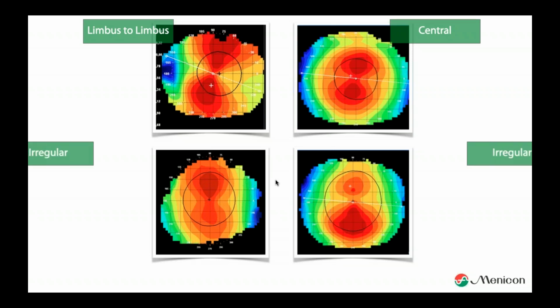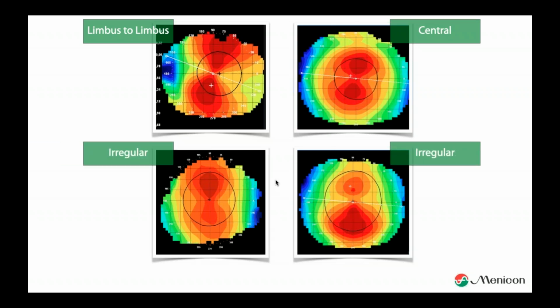Another thing is that we have to deal with irregular corneas. This is what you will see most often, that the superior part is steeper than the inferior part. We also have an irregular cornea with the opposite, where the steeper part is at the bottom. And one thing, my experience is that a lot of people are really afraid when they see this, thinking I have to deal with keratoconus.